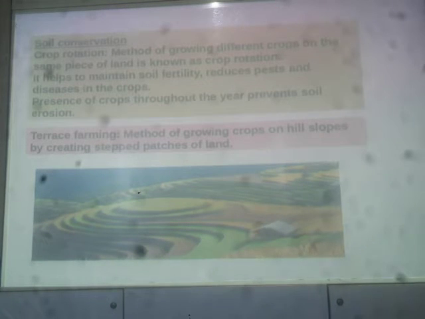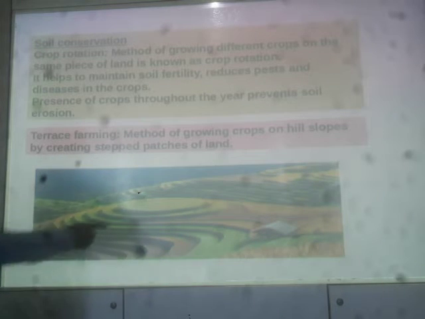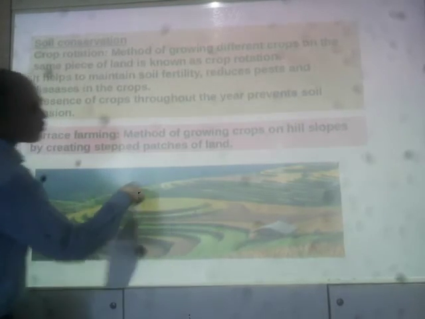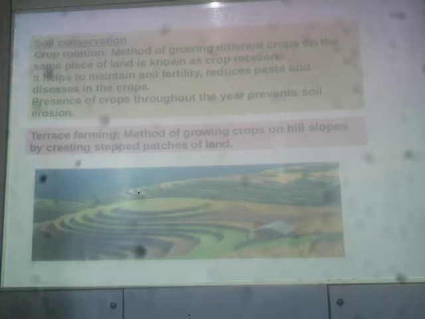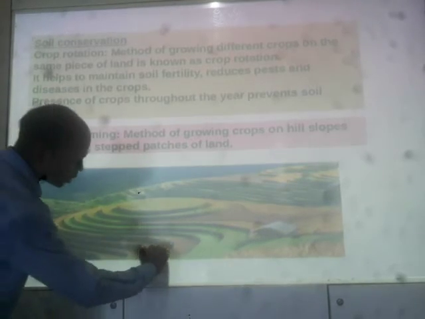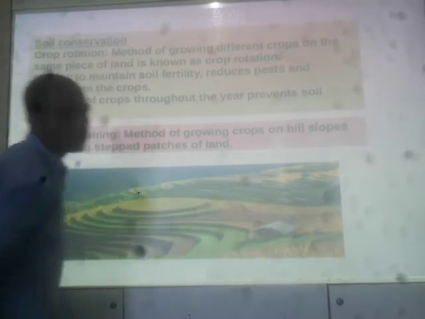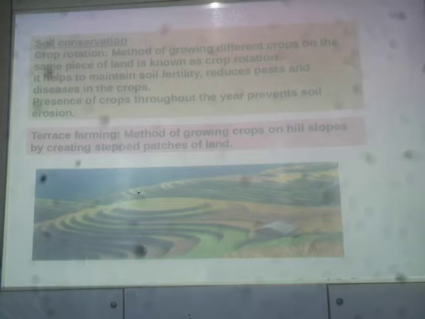A beautiful picture is also given in front of you which shows terrace farming. These are stepped patches of land on which crops are grown, right?